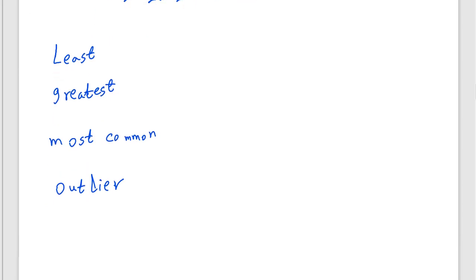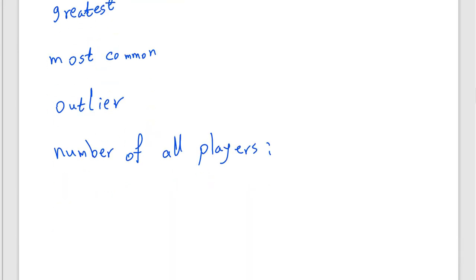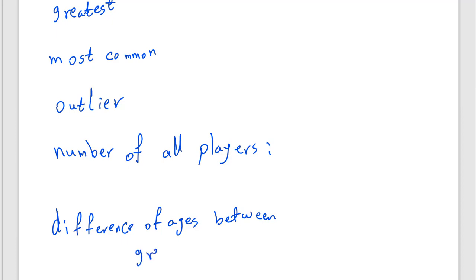And this is L, and I will ask for the number of all players, and you also need the difference of ages between the oldest and the youngest, between greatest and smallest age.